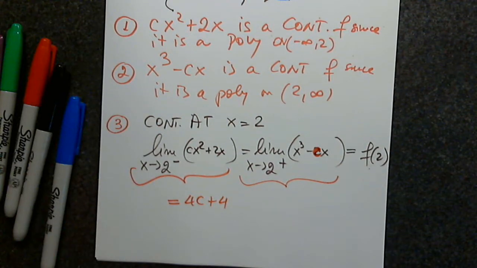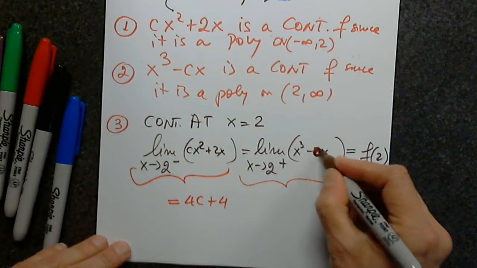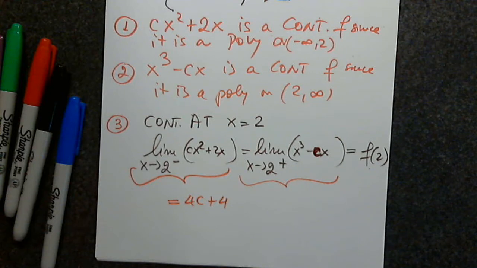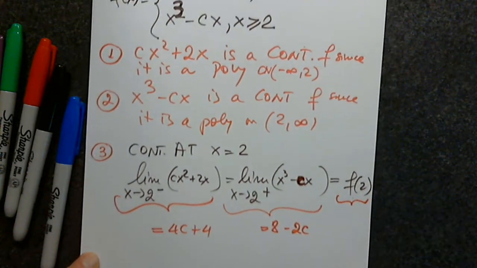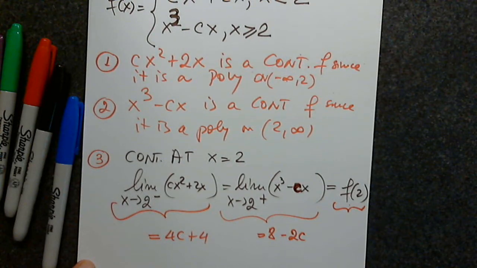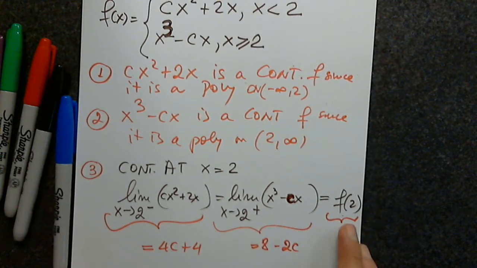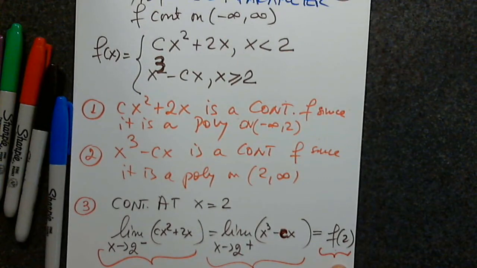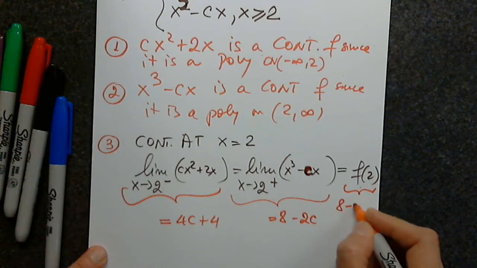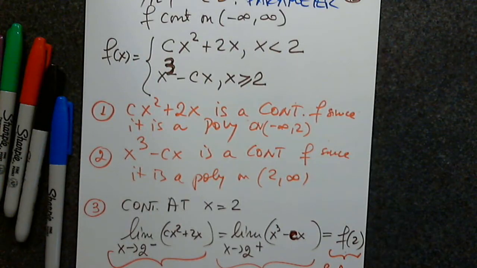What about this limit? 8 minus 2c. Awesome. And what is this? 2. Don't rush. How much is this? c. Of course. f of 2 is still 8 minus 2c. There is no question there, right? Would you all agree? Good.